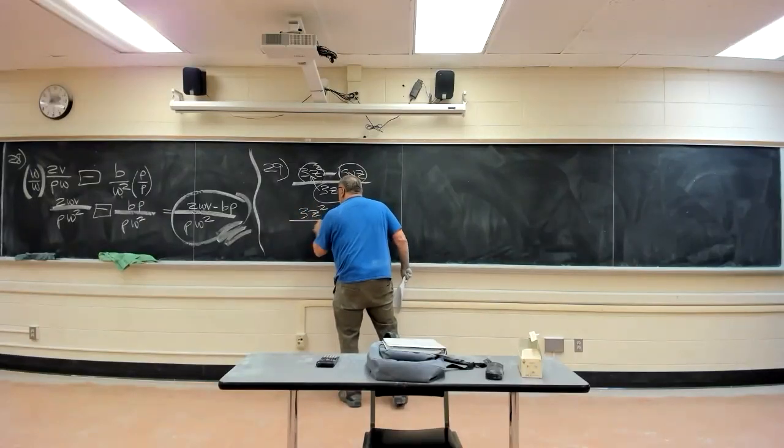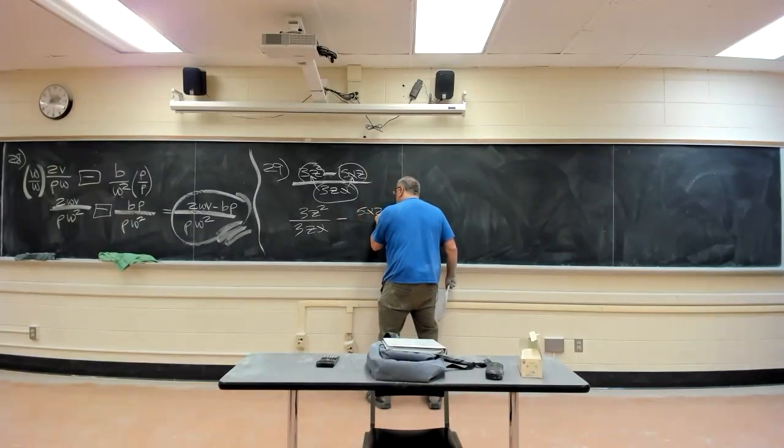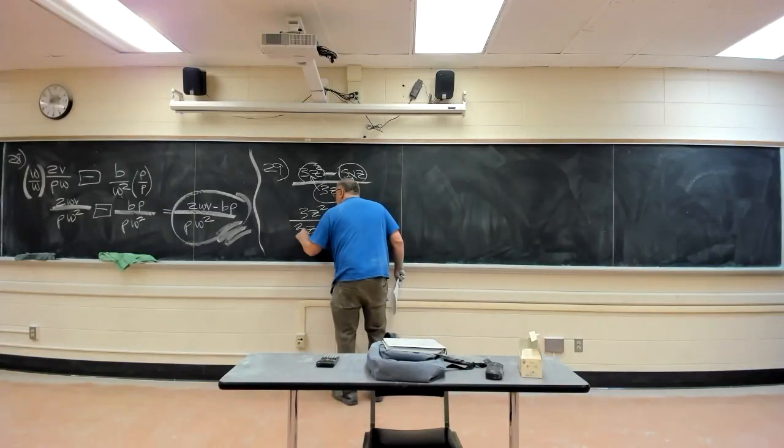3z squared over 3zx, and 5xz over 3zx. What do you got? Well, the 3's cancel.